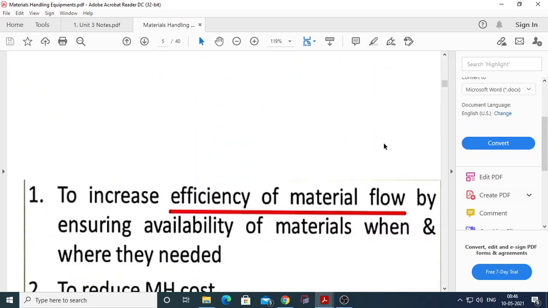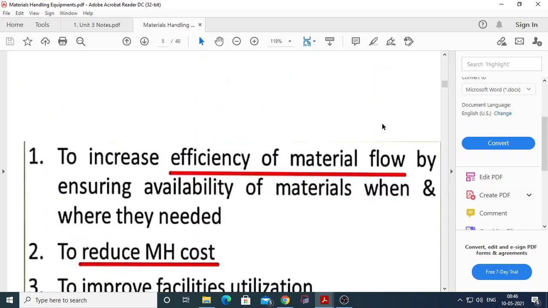Next thing is the objective. This is the most important part: the objective of the material handling system. What is the objective of the material handling system? The first objective is to increase the efficiency of the material flow. First, you have to check the accuracy in transporting the load to the destination.